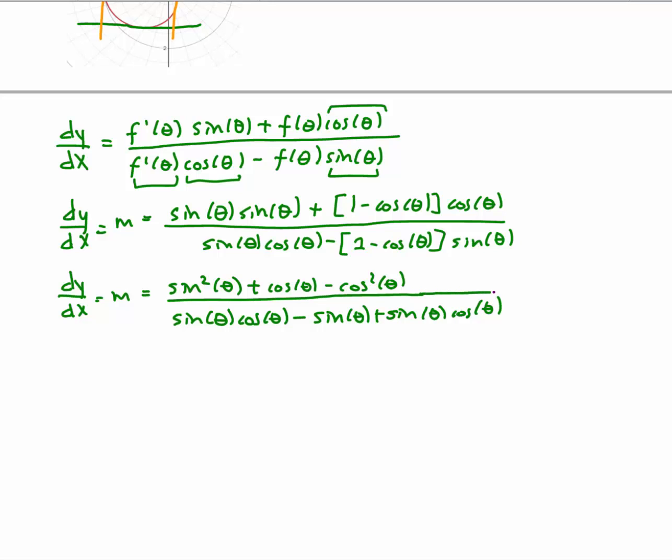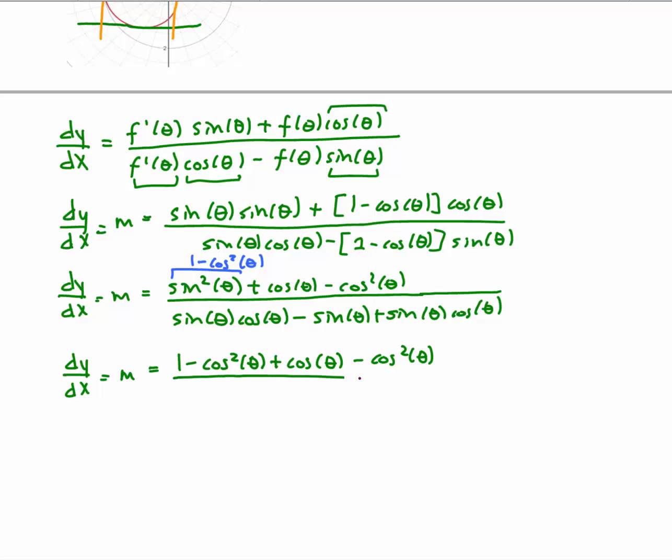Now the numerator, if you notice, is almost in terms of all cosines. We could rewrite this, and it'll make our lives a lot easier. If you remember the Pythagorean identity, sine squared plus cosine squared is 1, so sine squared is equal to 1 minus cosine squared theta. And again, that's just a quick little rewrite. So I have 1 minus cosine squared of theta plus cosine of theta minus cosine squared of theta. So my hope is we can start to simplify some of this.